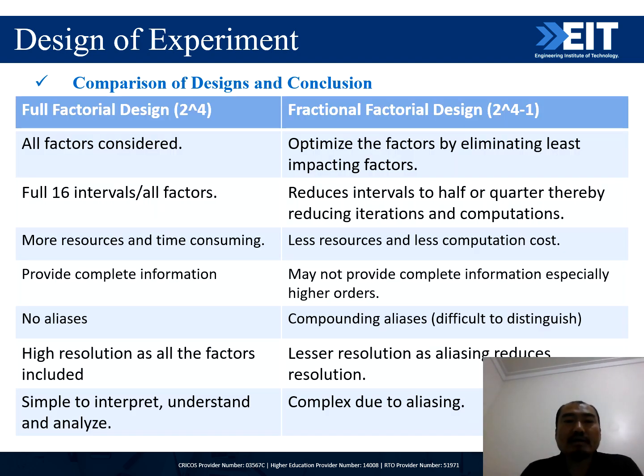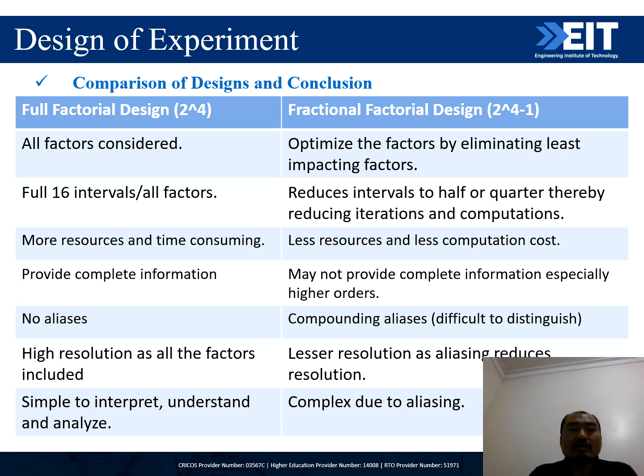Comparing the two designs, full designs and the fractional design, full factorial designs consider all the factors, whereas for the fractional design we optimize the factors by eliminating the least impacting factors. The full factorial requires more resources and more time to do the computation, whereas because of the decrease in the factors, it takes lesser computation time and cost and lesser resources for the fractional design.